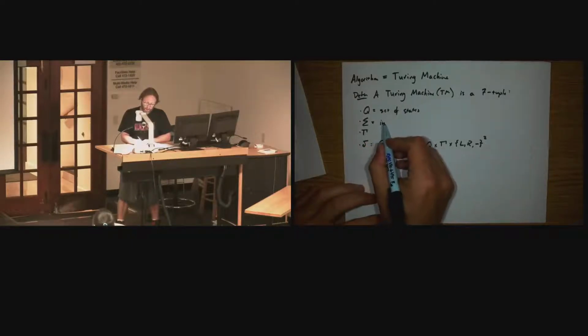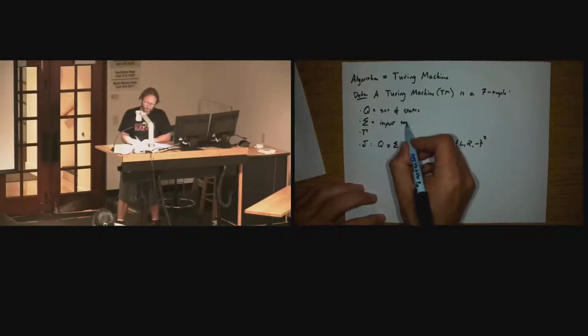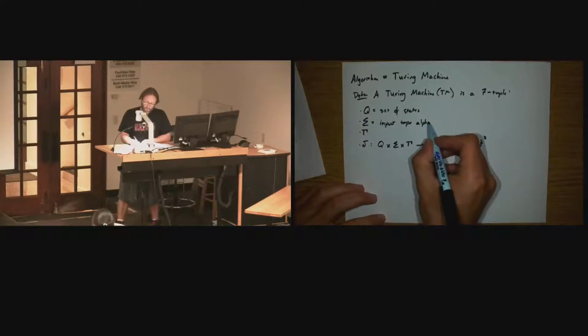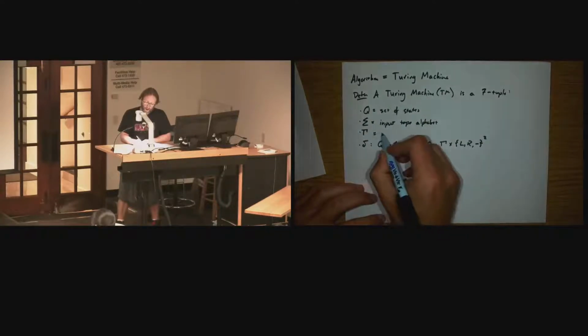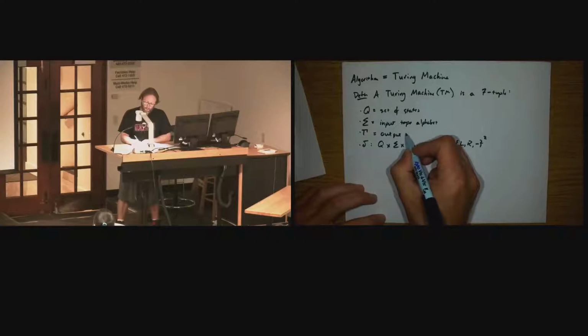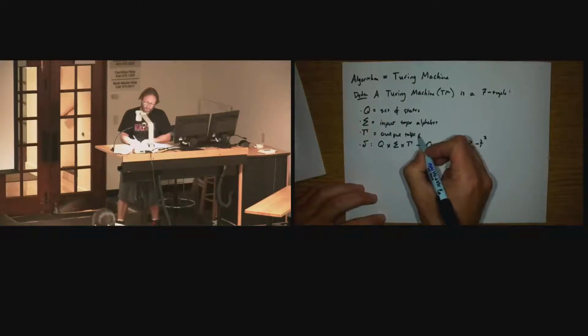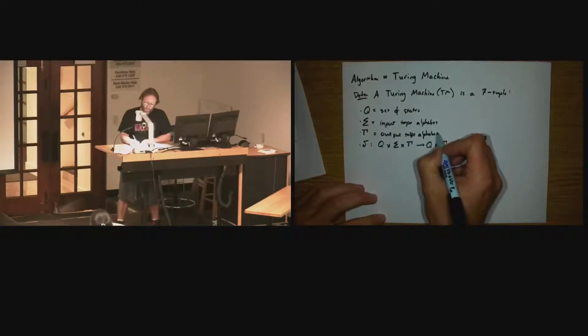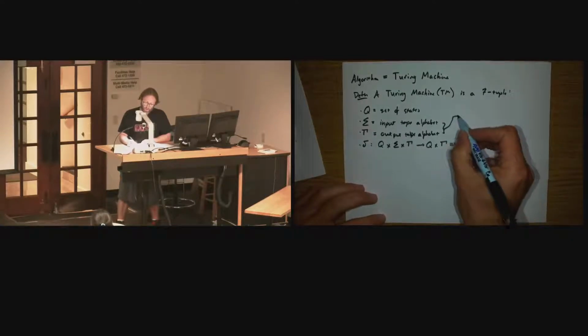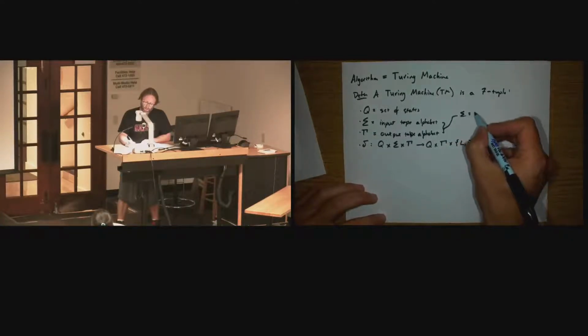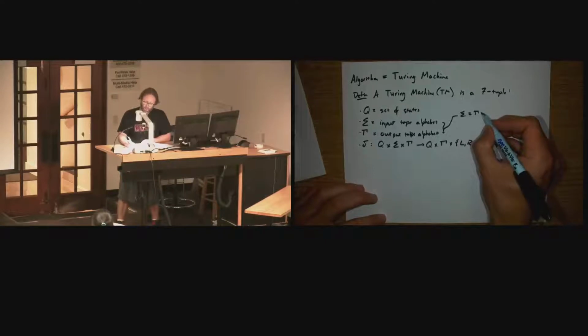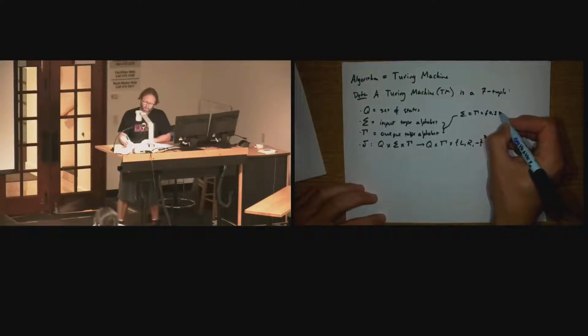This is an input tape alphabet. And this is an output tape alphabet. Now, usually, we're going to go ahead and say that they're both equal and that they're both binary, right?